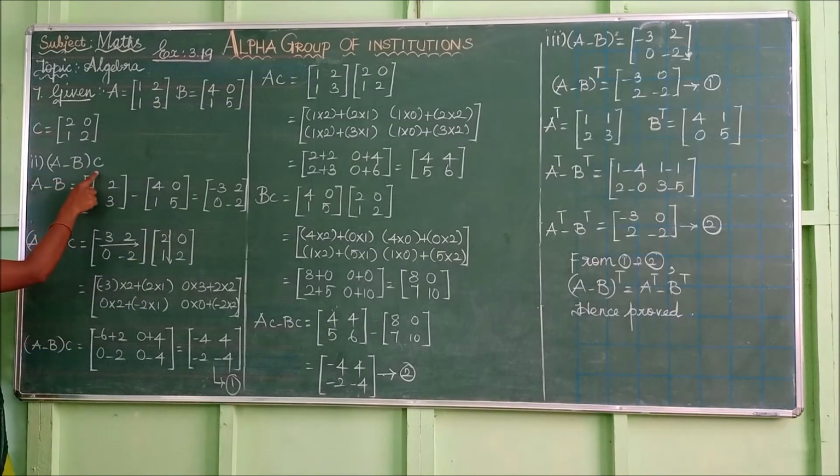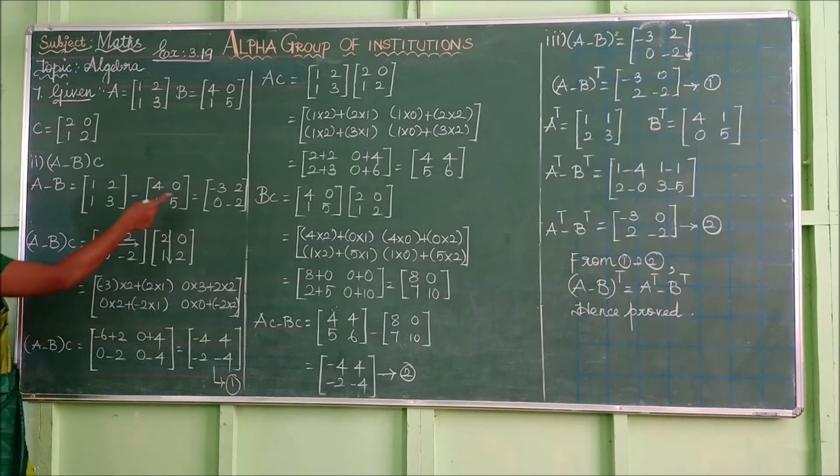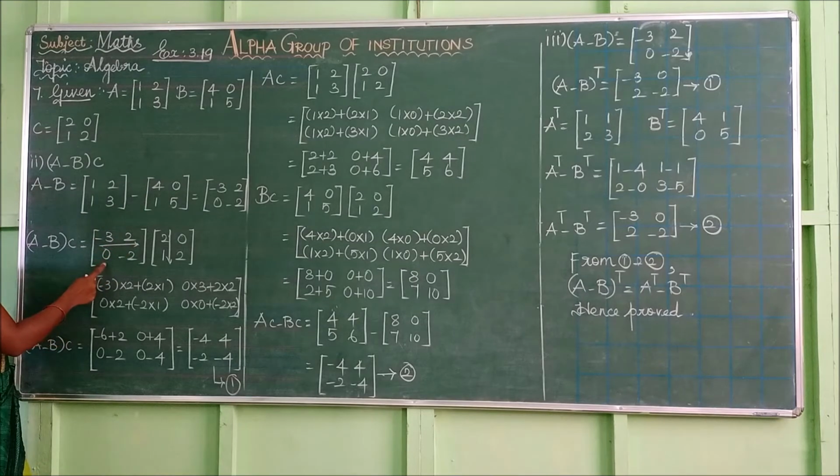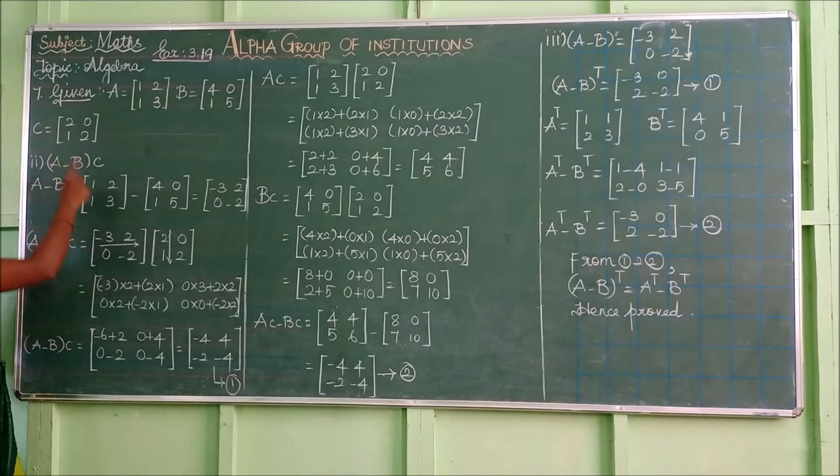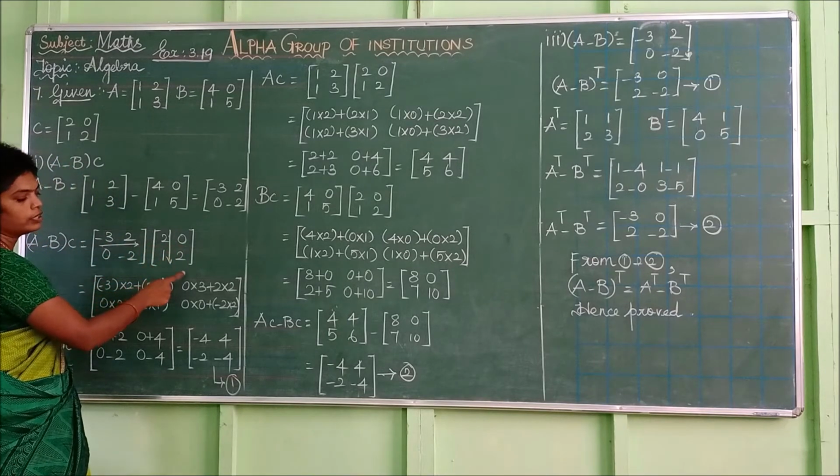Next you have to multiply this term with the C matrix. So write A minus B into C, which is equal to the A minus B matrix, minus 3 2 0 minus 2. Write the C matrix. Your C matrix is 2 0 1 2.